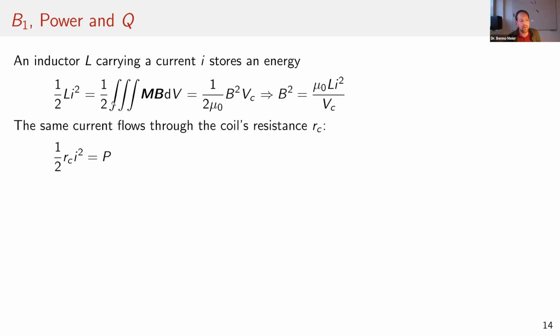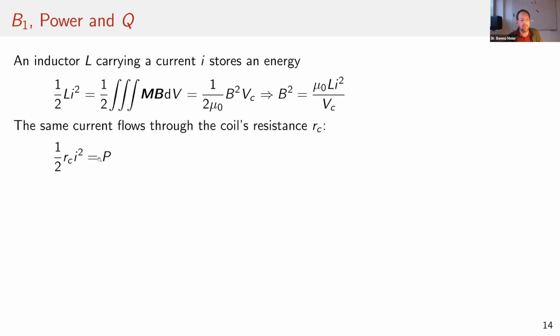Okay, so I can solve this for the magnetic field. And now the other thing I need to put in here is this expression. So I know that basically when I apply an RF pulse, then I apply a certain power, let's say 100 watts. So this power is dissipated as electrical energy, and the dissipation is of course 1/2 R times I squared.